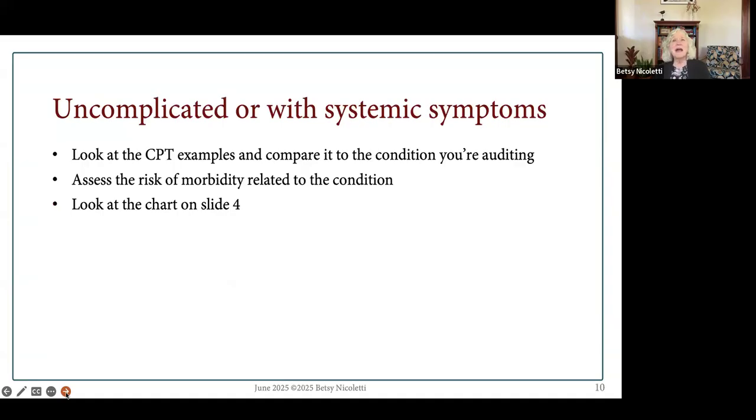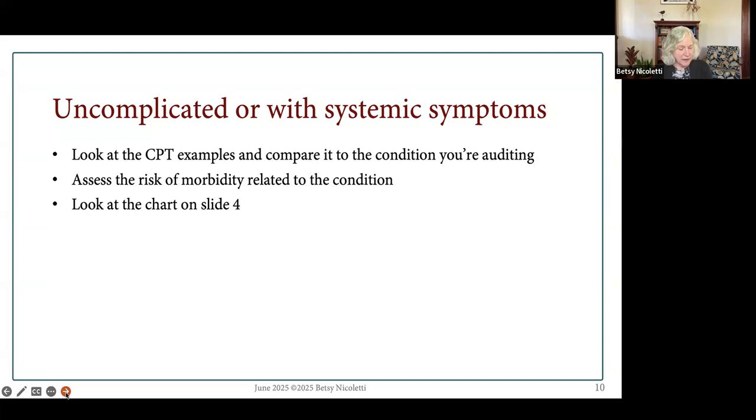So when you're auditing a note and you're thinking about where to put it in low or moderate in the number and complexity of problems addressed, look at the CPT examples and compare it to the condition that you're auditing.